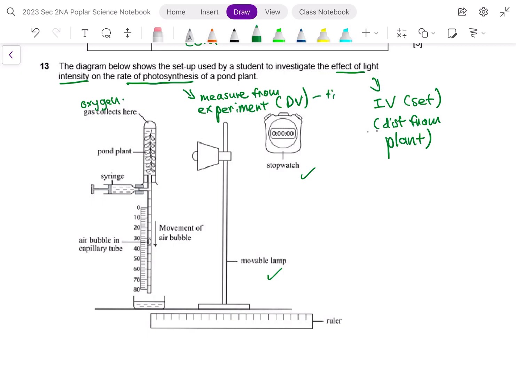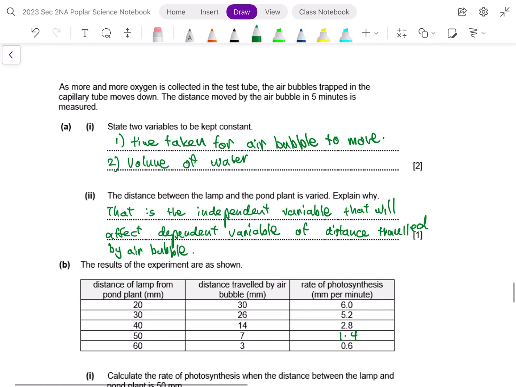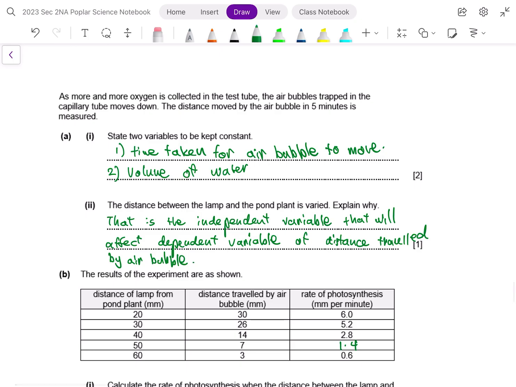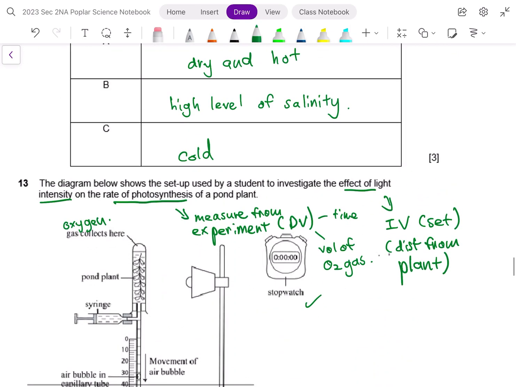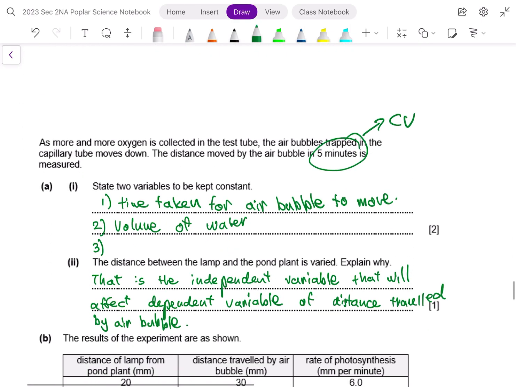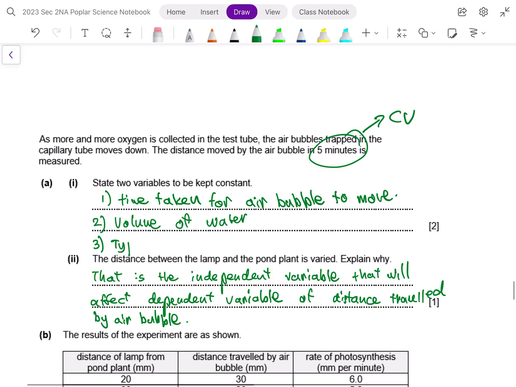One is time, the other one I think you need the volume of O2 gas, oxygen gas. So the rest is, for example, the time taken for the air bubbles to move, so everything kept at 5 minutes. So this one is actually a control variable. Volume of water, or other possibility I can think of is the type of pond plant. Must use the same kind, type of pond plant.